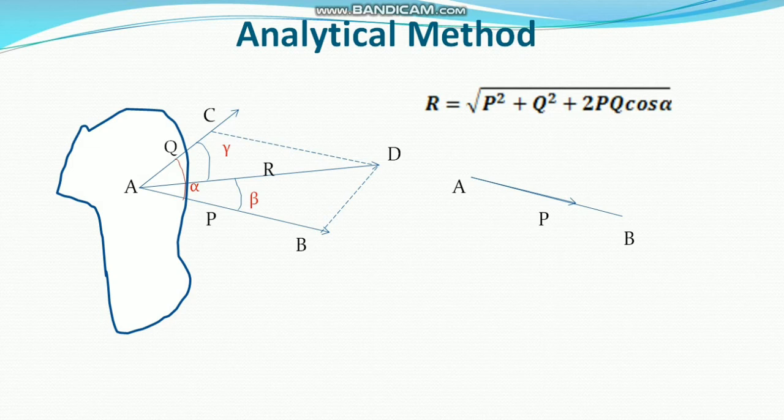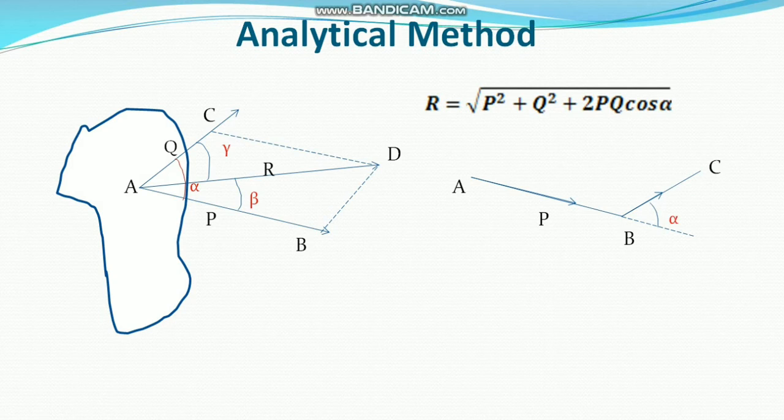Now, one after another, the force Q should start from the point B. So from B to C is the force Q, which makes an angle of alpha with P. So this is the angle alpha.